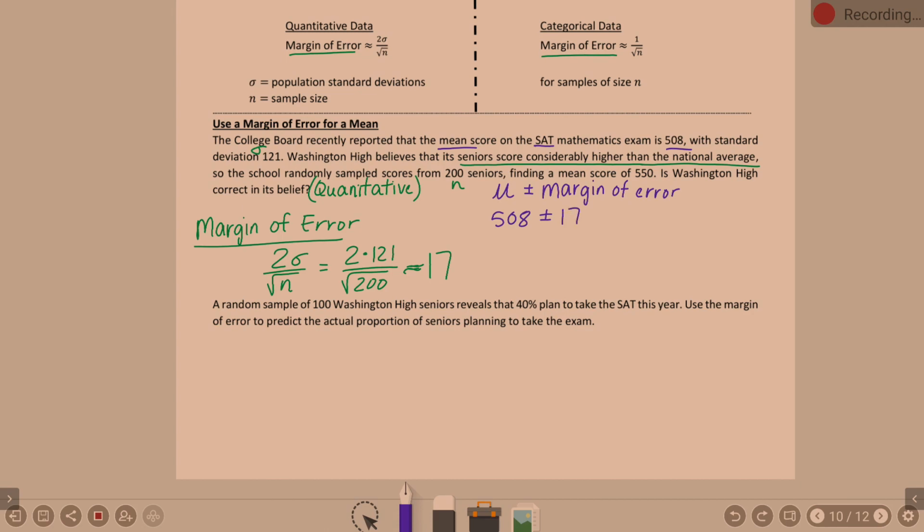So 508 minus 17, 508 plus 17, and we're going to come up with a range of values. What is that range? 491 to 525. 491 if you subtract 17 from 508, 525 if you add 17 to 508. This is our range of reasonable results, or our range of reasonable means.